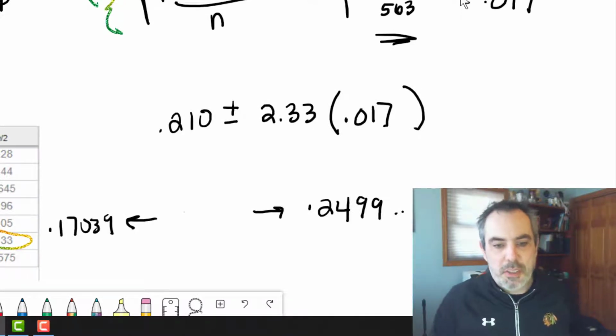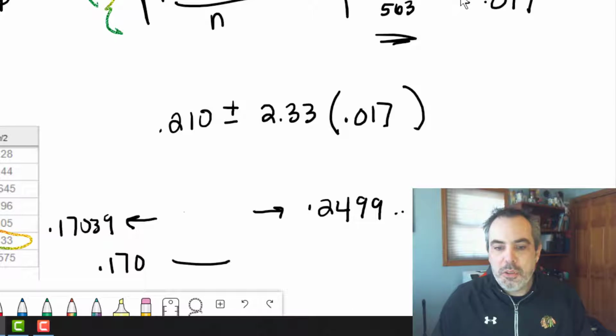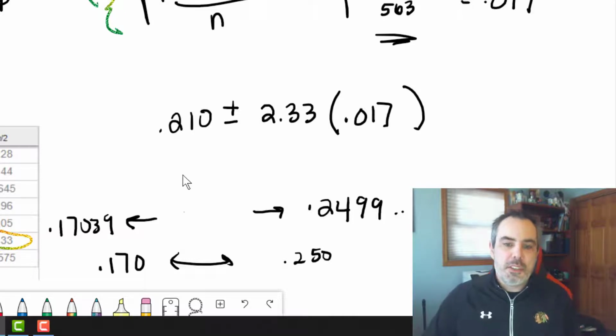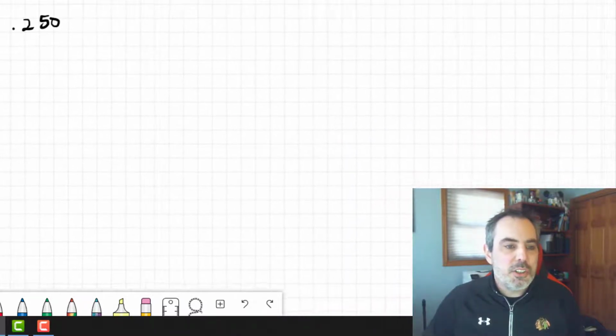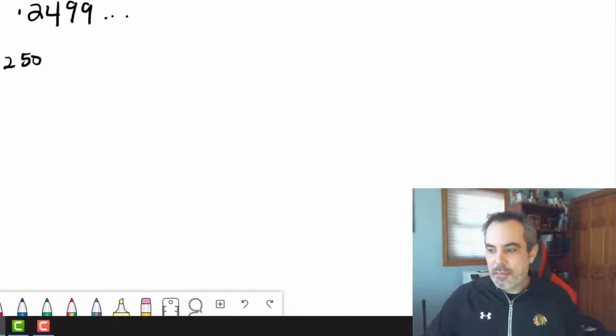Rounding those off, I'm going to say from about 17% all the way up to 25%. A 98% confidence interval would get me into that range from 17 to 25%.